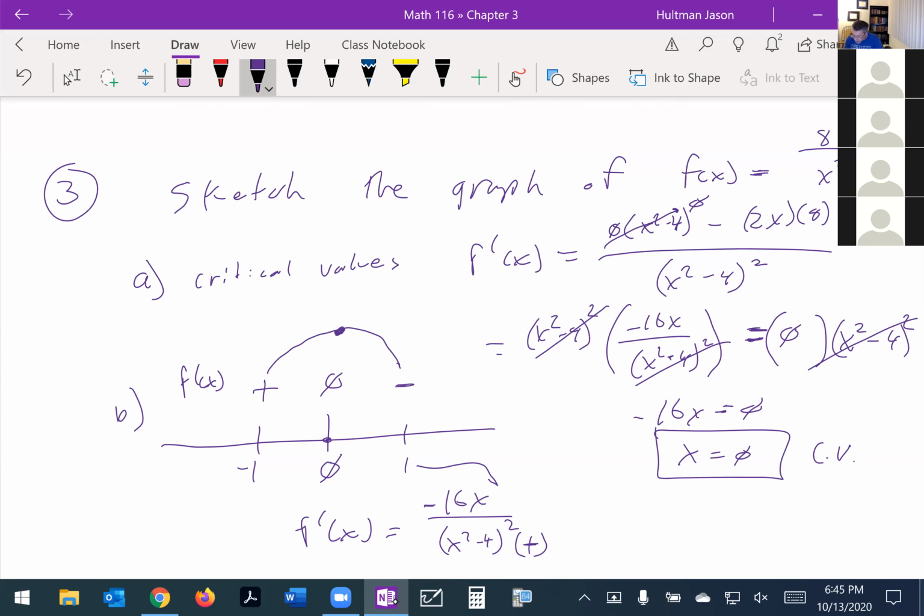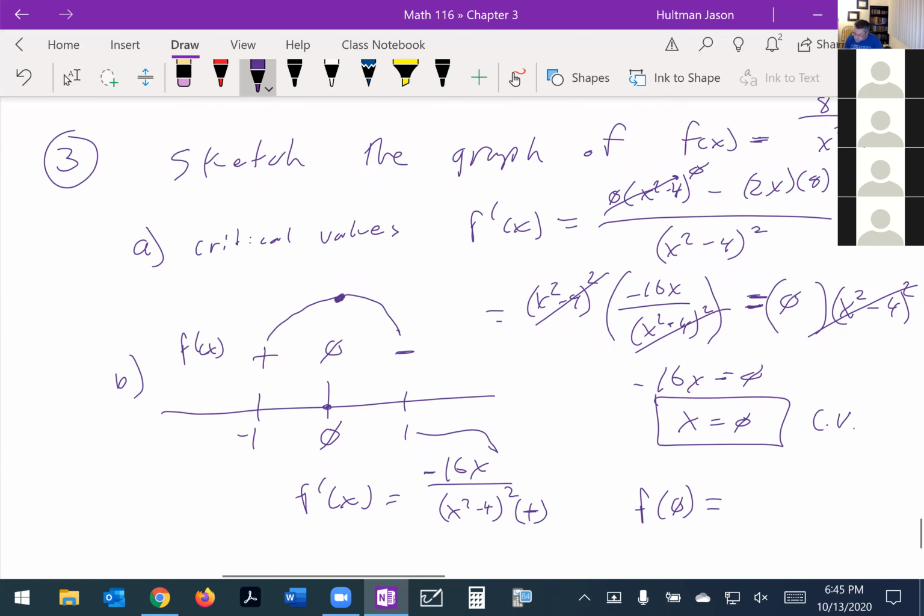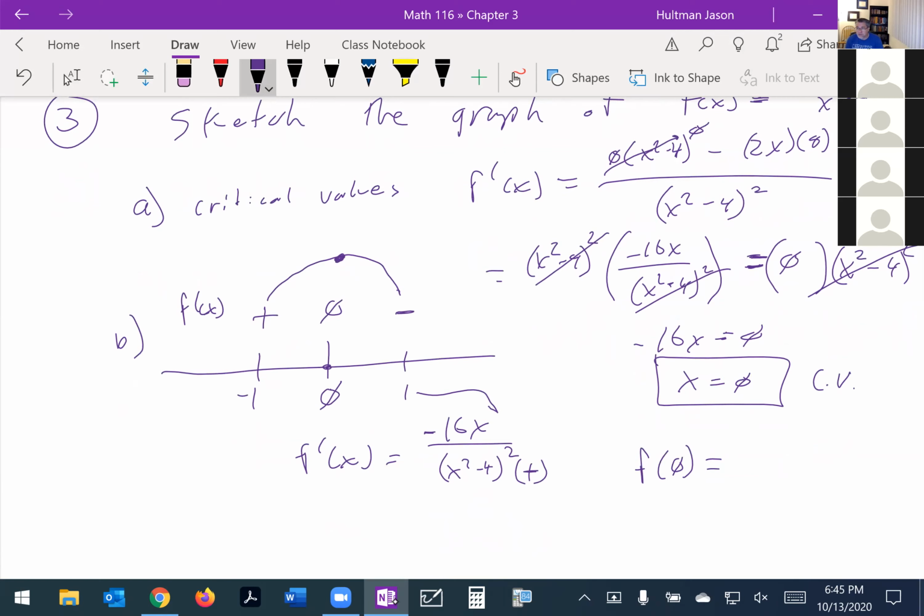A maximum value of what? Let's plug this in and find f of 0. By the way, this f of 0 is going to be my y-intercept, so we kill two birds with one stone here. Plugging in f of 0, we get negative 16.